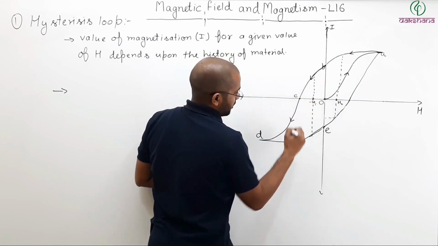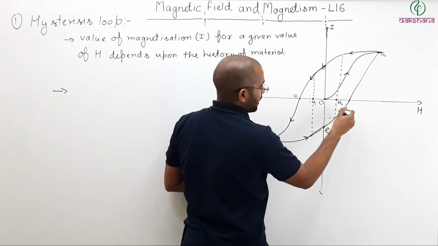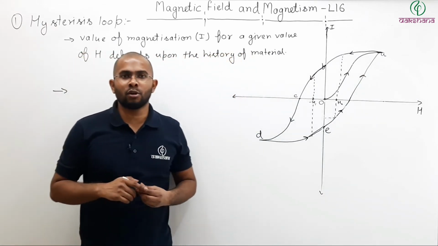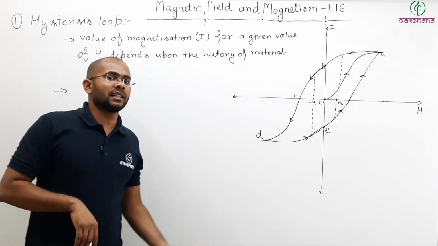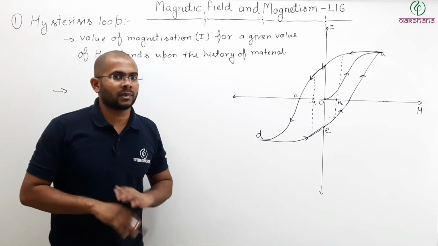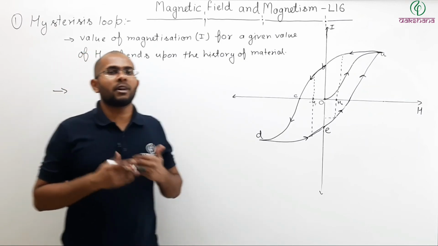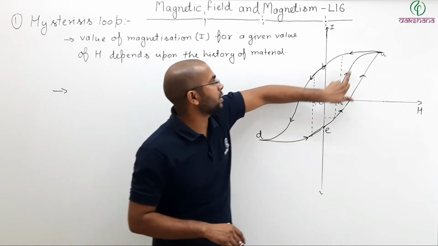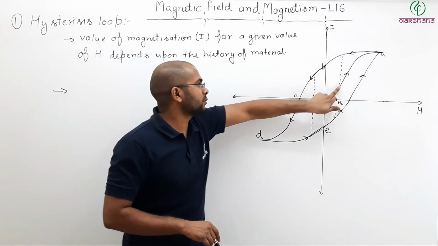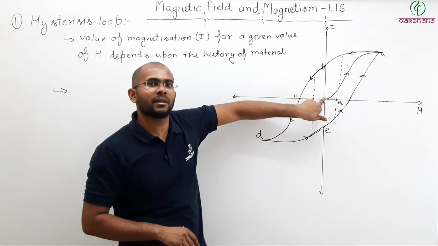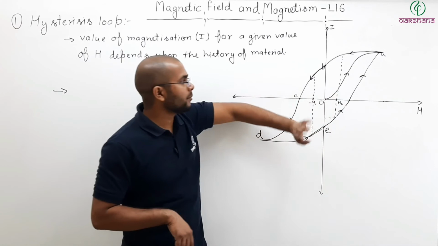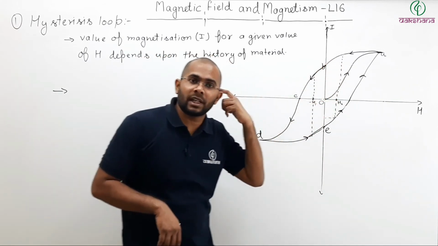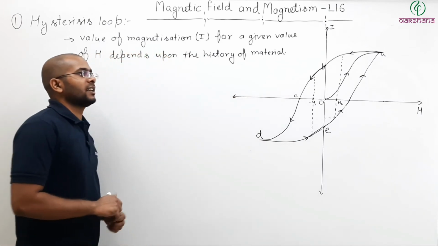So you can make the magnetization 0, but both magnetic intensity and magnetization 0 at the same time is not possible. Meaning reversible processes follow the same path. If I go from here to here, I should be able to bring the magnet back to the original position by the same path in the reverse order. But that is not happening in this case. So your process is irreversible.